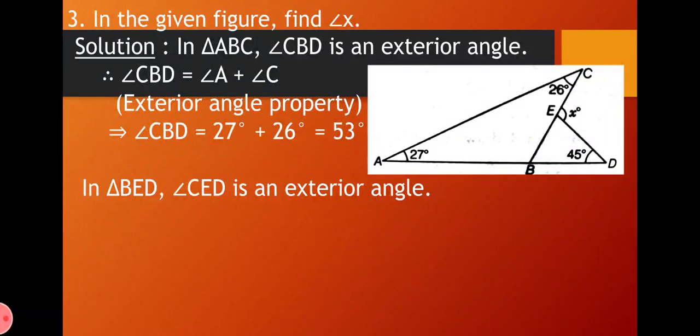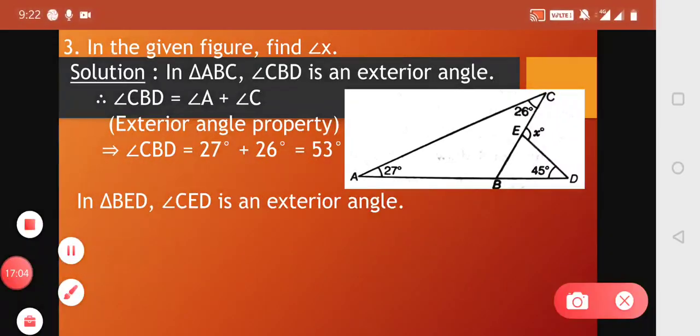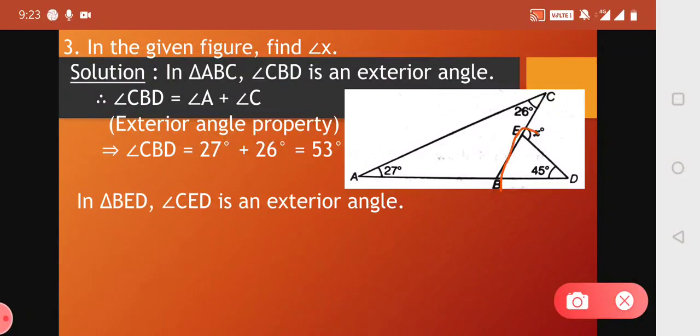Now we select another triangle, that is triangle BED. Angle CED is an exterior angle. This is your triangle BED.